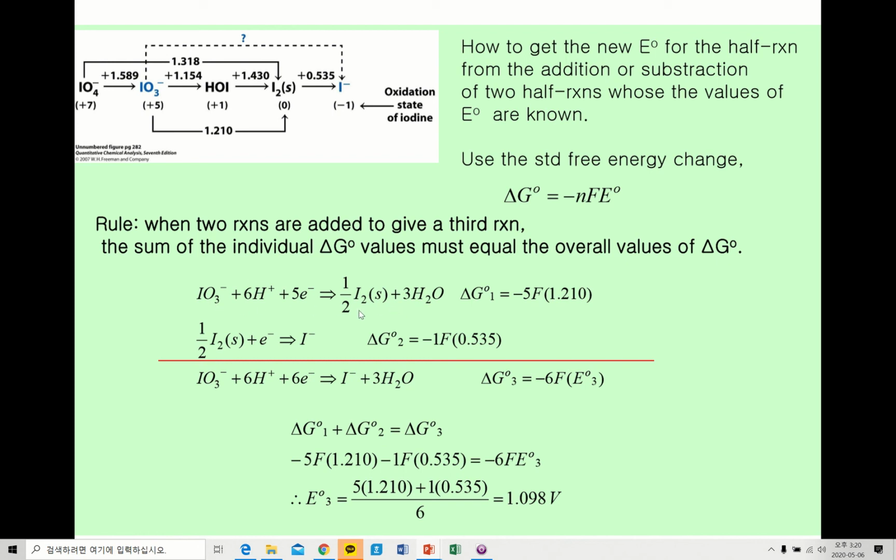Let's first consider the reaction from iodate to iodine. It can be written this way, and then we calculate the Gibbs free energy change for this reaction.